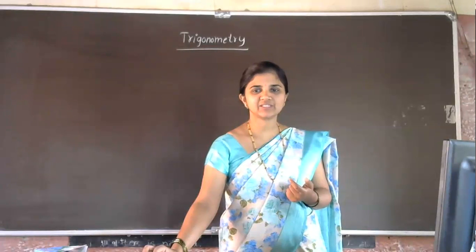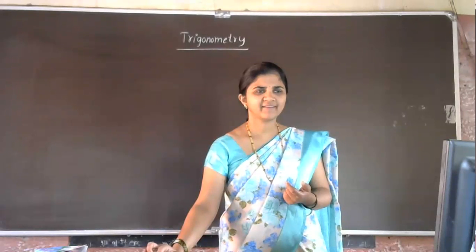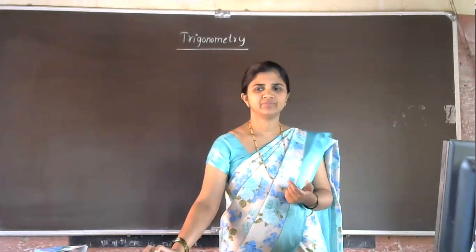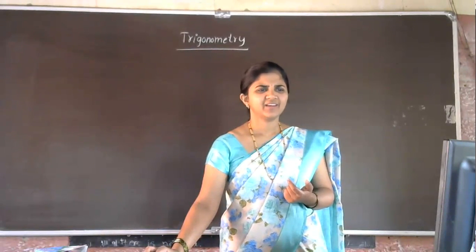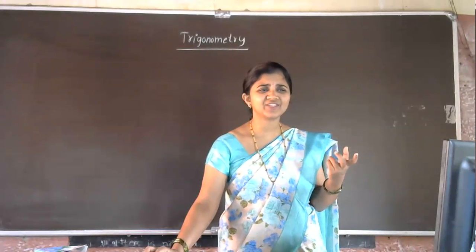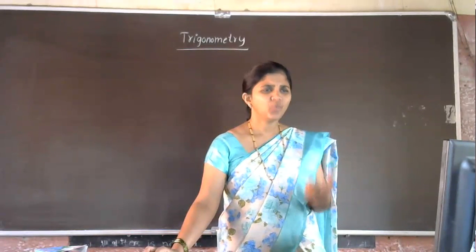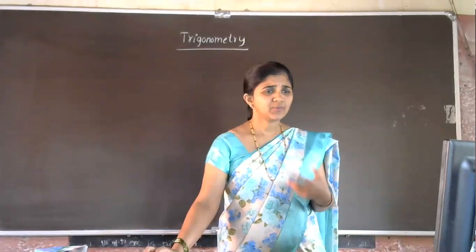Mataji, we finished 6 problems. No. 5. 4. 3. See, is it audible, students? I think you are not getting the question. 2. 1. So no one tried to solve.